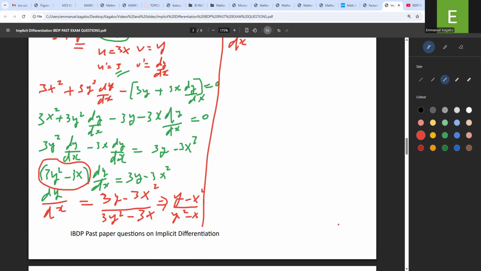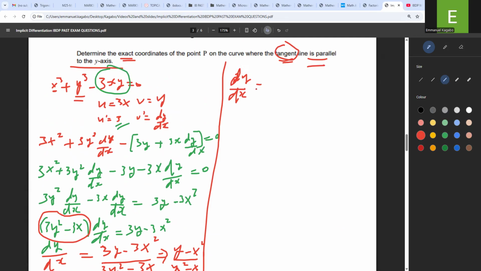So there is 3 and I simplify. So let me write what I remain with on the top. I'm going to have y minus x squared, all of this over y.